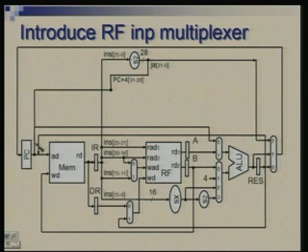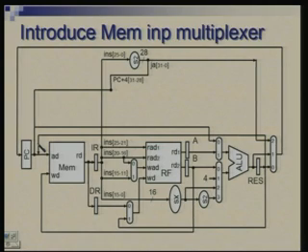Finally, I need to put a multiplexer at that point. Here we have the address, and there are two address sources: the PC for fetching the instruction and this RES where the load store address would be calculated and kept.